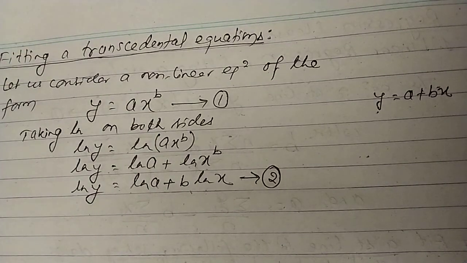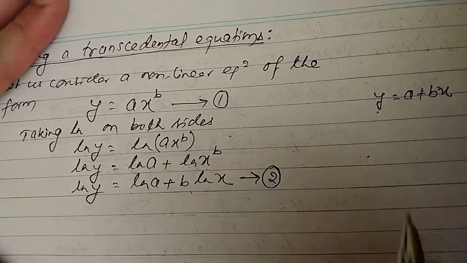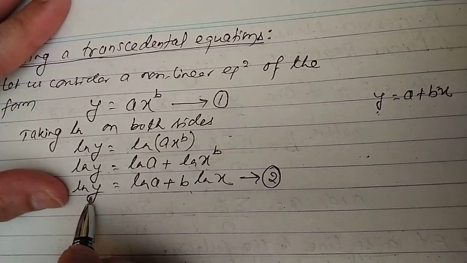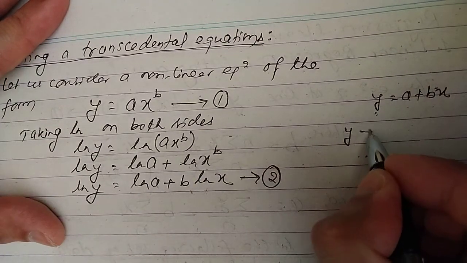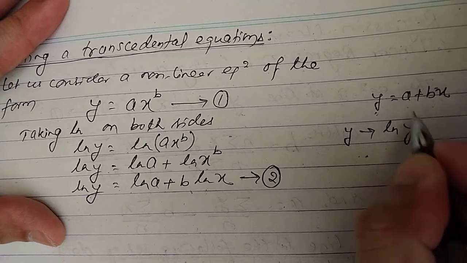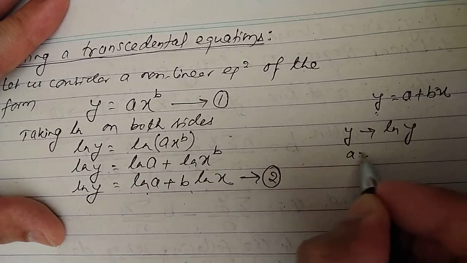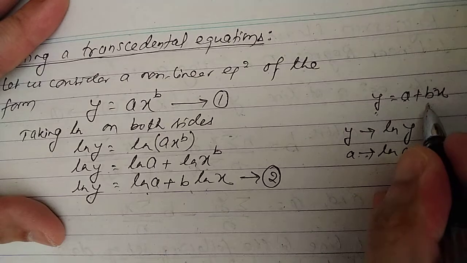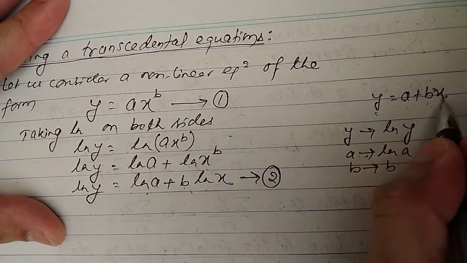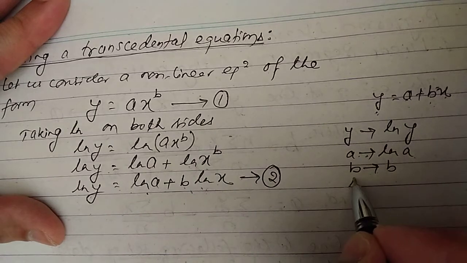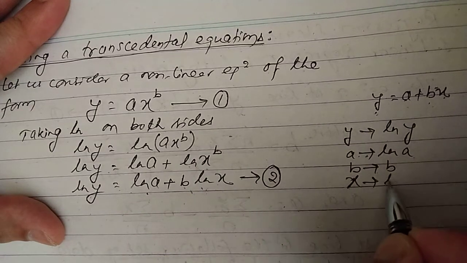So for the linear equation, we change the formula. How do we do it? In the place of y, what is here? ln y. So y will be replaced by ln y. a is replaced by ln a. b remains the same. And in the place of x, here we have ln x.